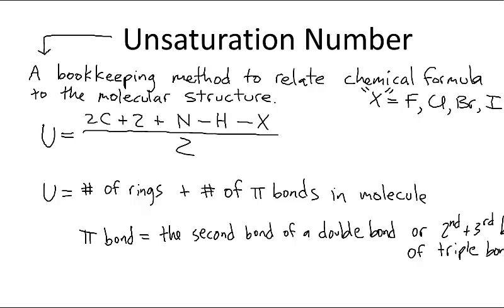So every double bond adds 1 to your unsaturation number. Every triple bond adds 2 to the unsaturation number.